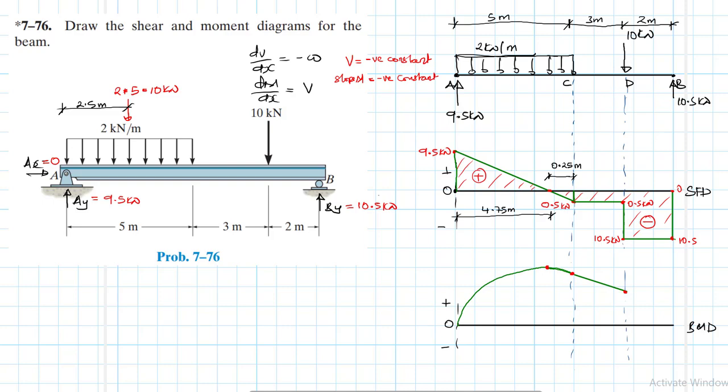All right, and then from D to B, the slope, I mean shear, is negative and it is also constant from D to B. We expect the slope for the moment also to be negative constant. So again, this is going to be another straight line.